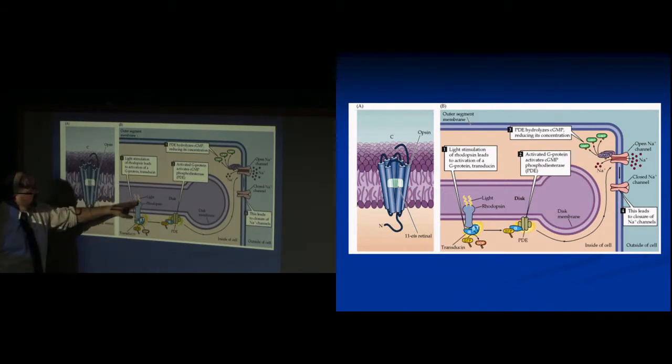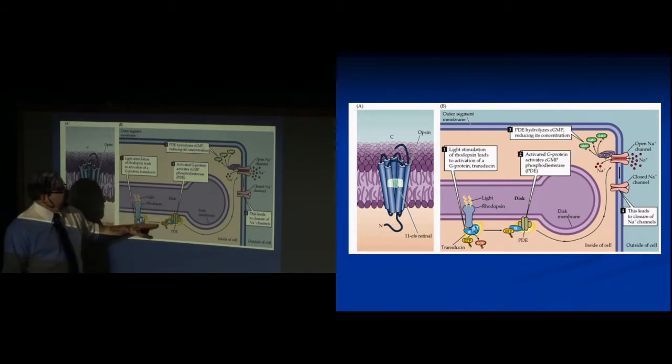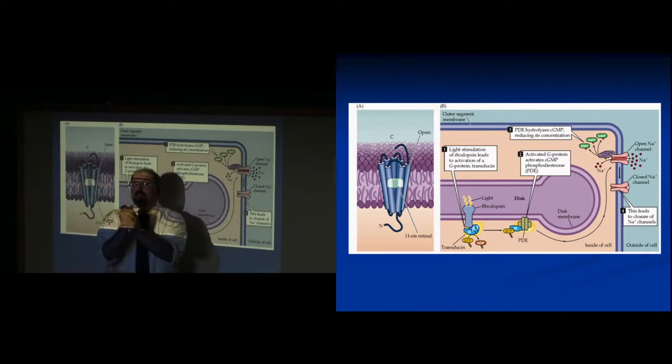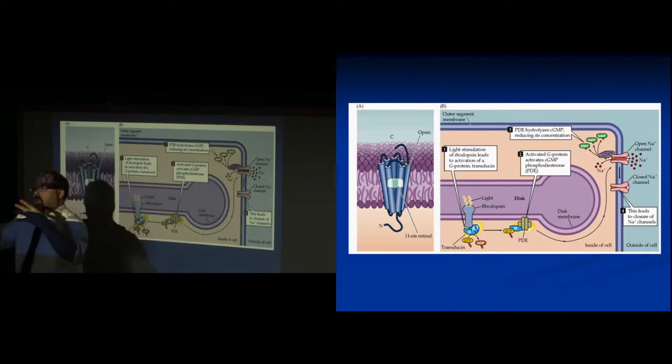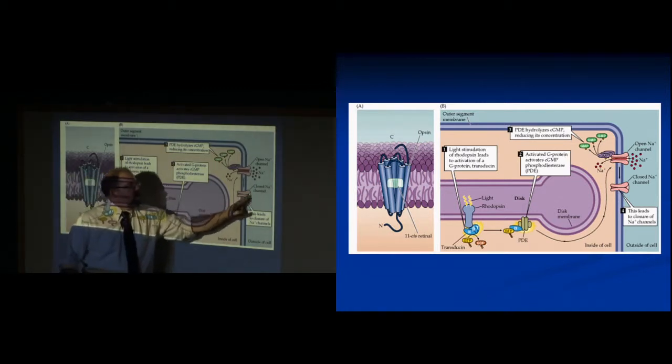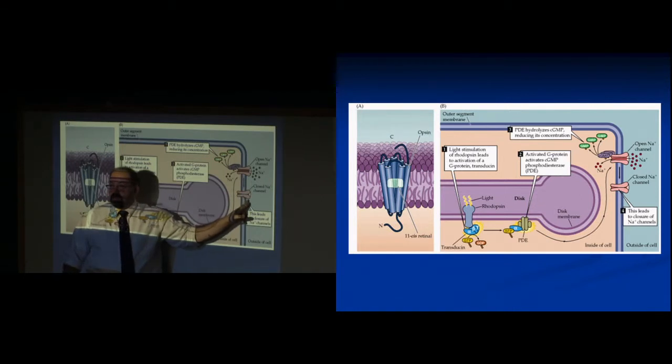Now, when light hits my rhodopsin and starts this biochemical cascade, it ends up shutting those channels. So, if I shut those channels, sodium no longer comes in. What happens to my membrane potential?